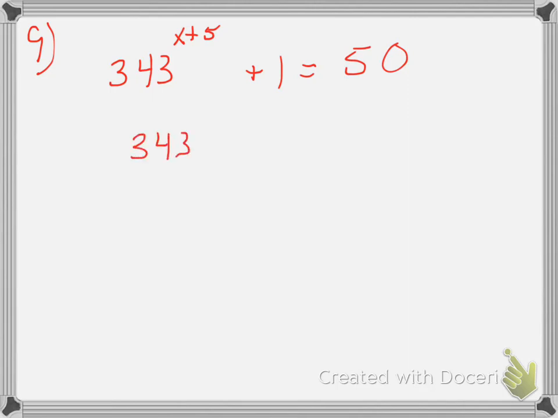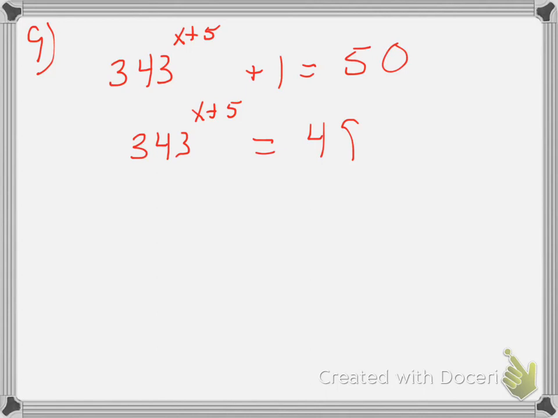Moving on to number 9. And that's 343 raised to the x plus 5, plus 1 equals 50. 343 raised to the x plus 5 we could equal 49 if we move that one to the other side.